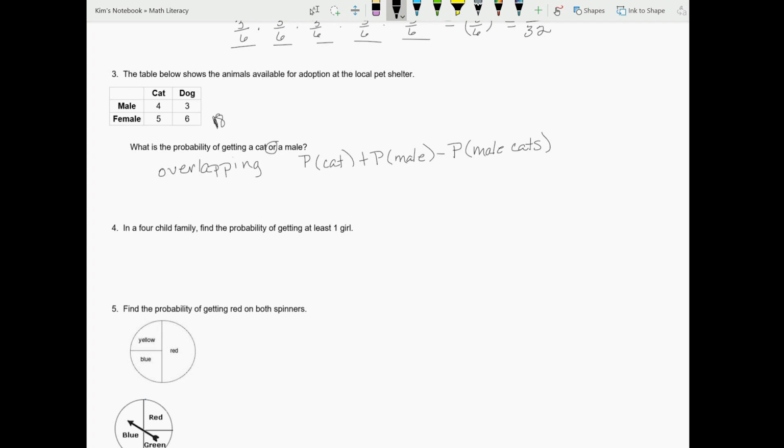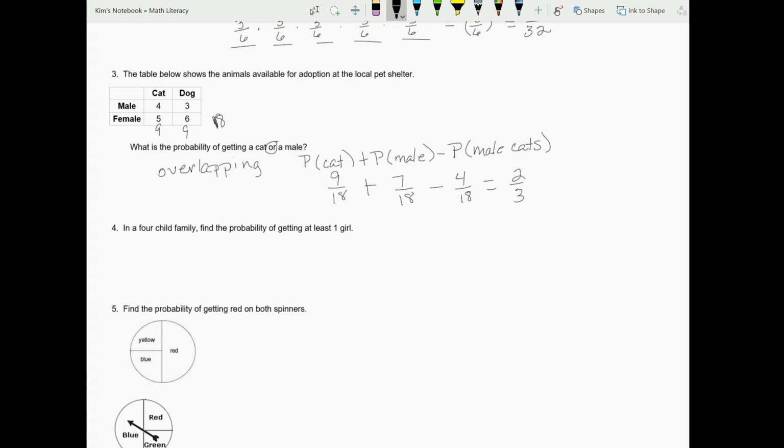Well, there's 9 cats and there's 9 dogs. Probability of getting a cat is 9 out of 18. The probability of getting any animal that's male, there's 7 male animals. So that's 7 out of 18. And then I have to subtract off the male cats, so subtract off 4 out of 18. And that gives me 2/3.